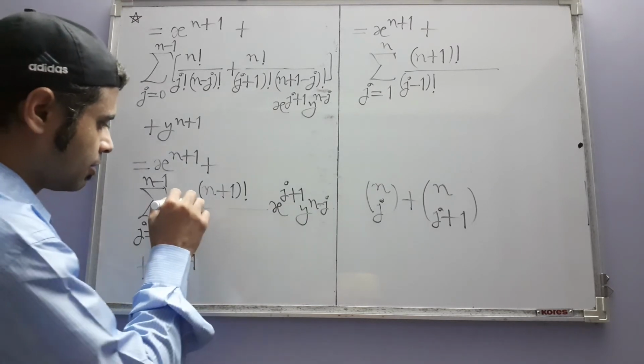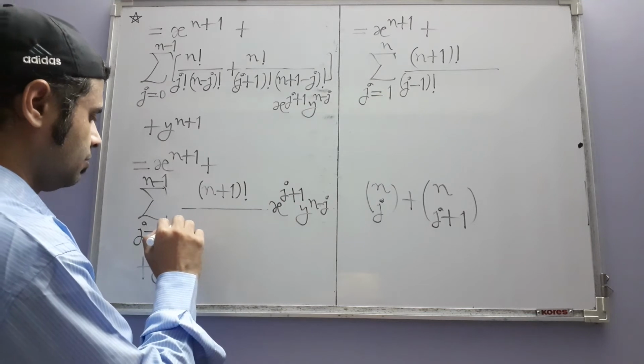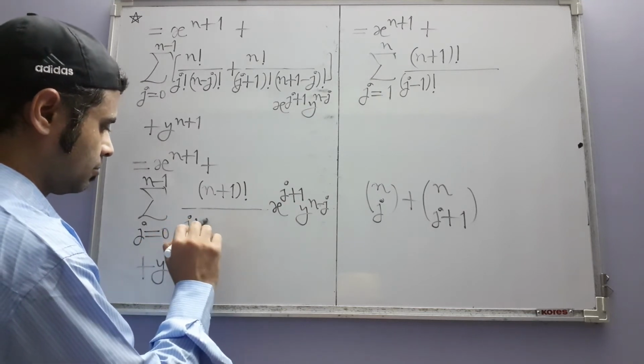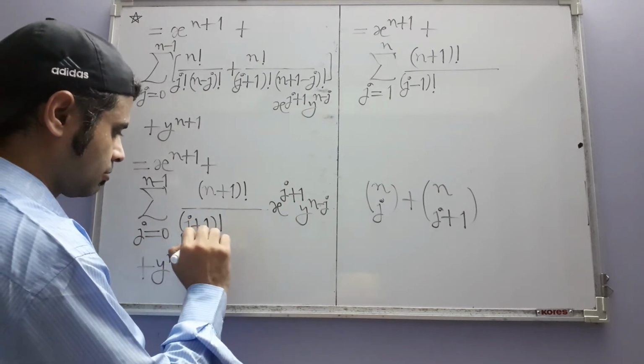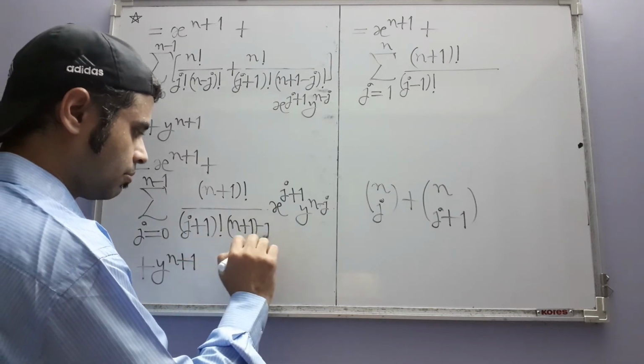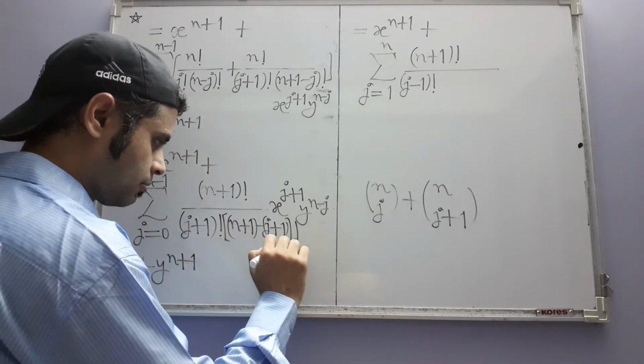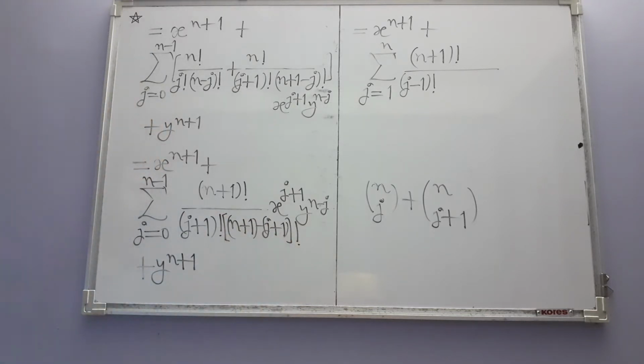There is nothing wrong in the numerator, but in the denominator we will have this. Minus j plus 1 factorial. Okay.